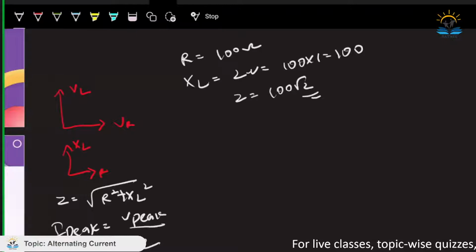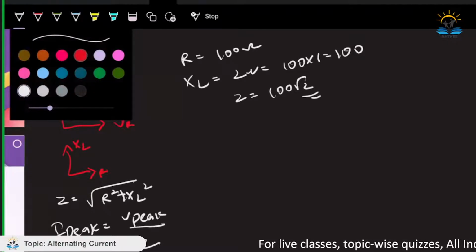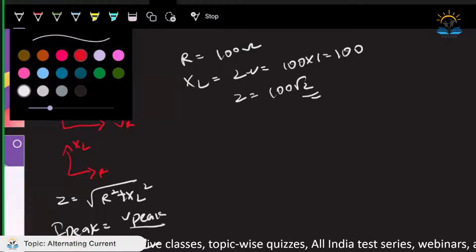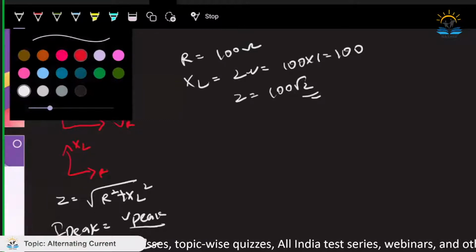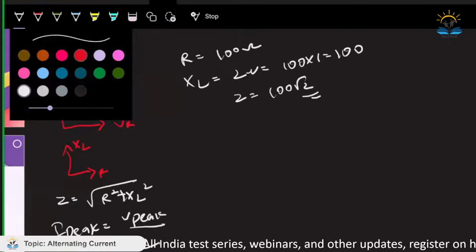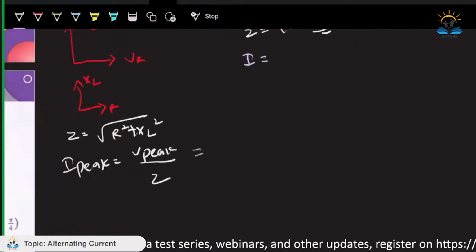Okay, this is an LR circuit, so our equation will be I equal to I peak sine of omega t minus phi.